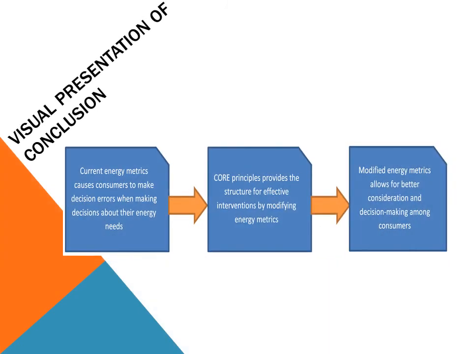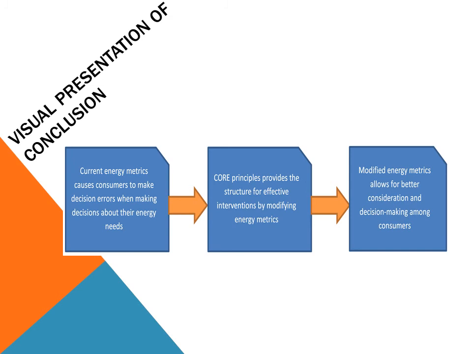Simply, according to this review, the current energy metrics do not provide the kind of information or the right framing to allow for customers to make informed energy choices. As I have discussed, this causes customers to fall into a variety of different types of decision errors.